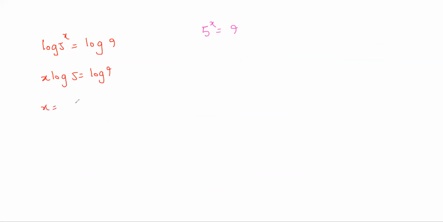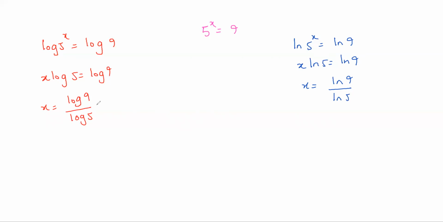So x is log 9 over log 5. If I solve this, I would prefer applying the natural logarithm on both sides: x ln 5 equals ln 9, so x is ln 9 over ln 5. You can try both of these, and you will get the same answer.